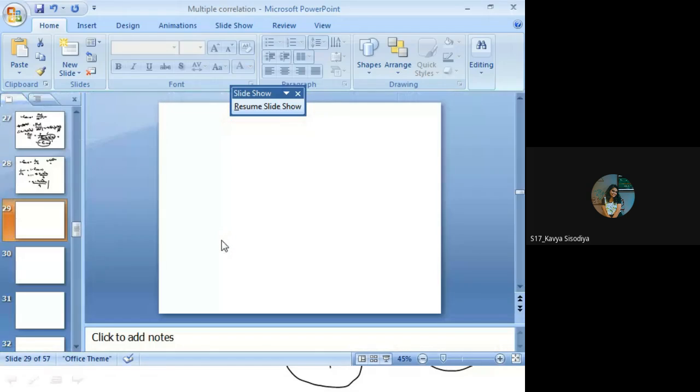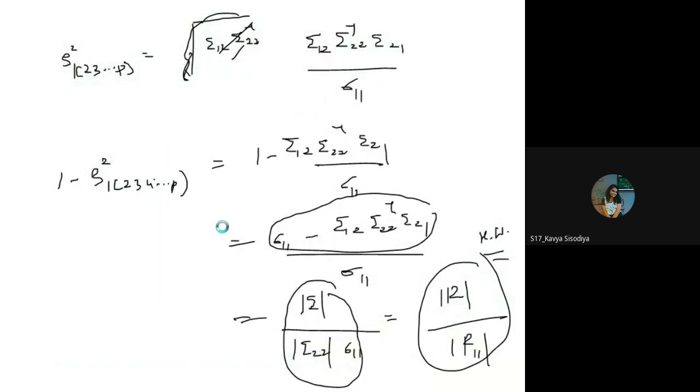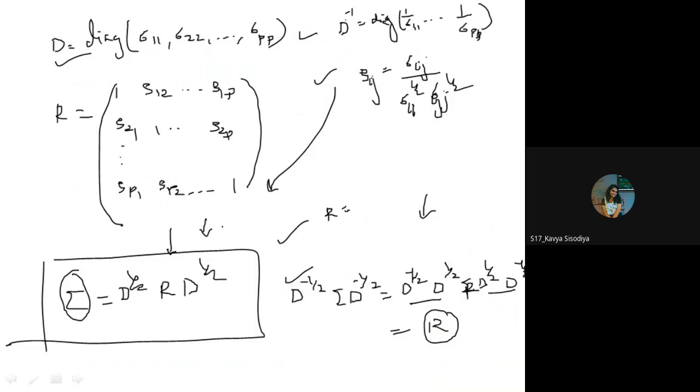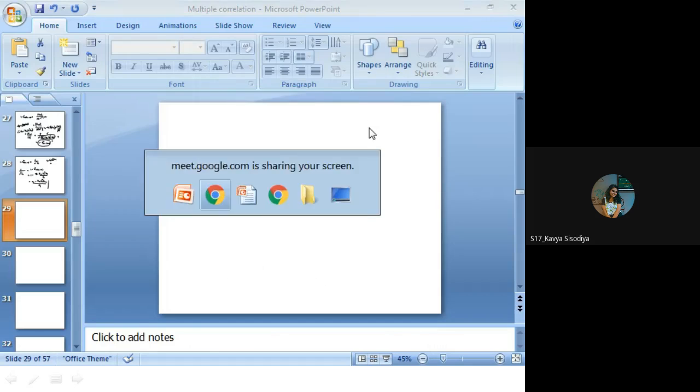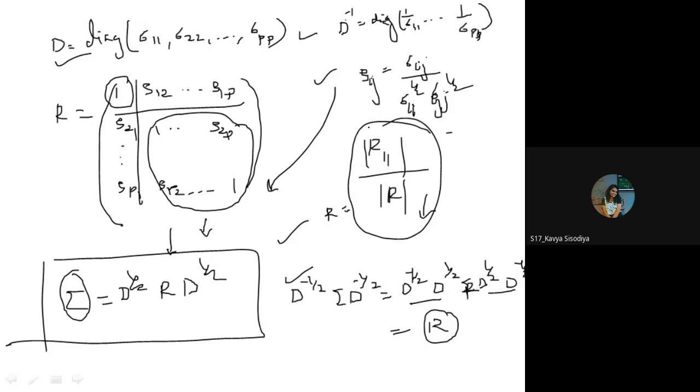And how will you find out the cofactor? If you wish to find out this cofactor, you have to forget this row, forget this column. So you have to use this matrix. It is called the R11, and this entire matrix is R. So you obtain the cofactor by this. Okay, so that you have to try at home. Homework.